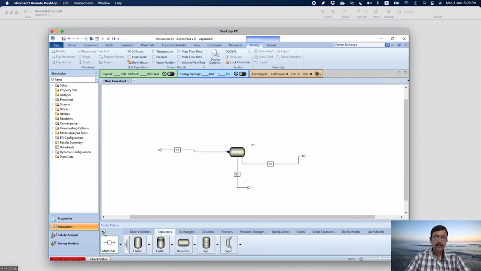Now the first liquid, let us take it this side. It will look better. Change the name to feed. Change the name to upper and this to lower. Press next.